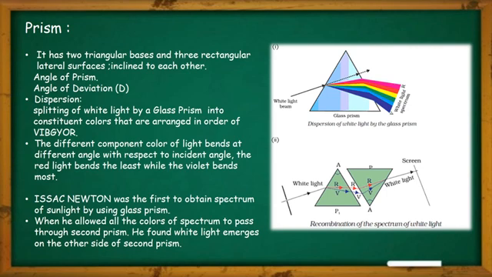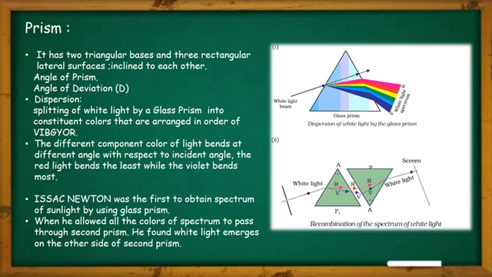The prism is an optical device which has two rectangular bases and three rectangular surfaces. These surfaces are inclined to each other as shown in the picture. The angle between the two lateral surfaces is called the angle of prism, which is visible in the diagram also.